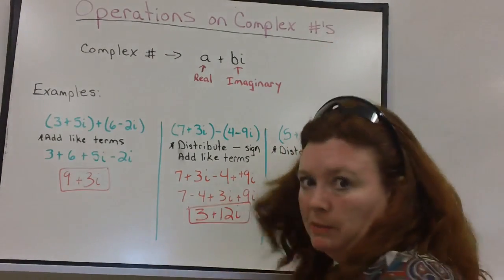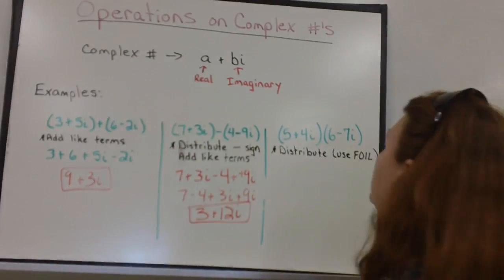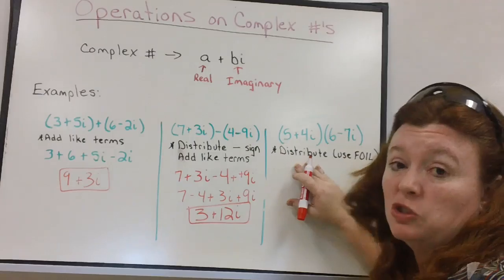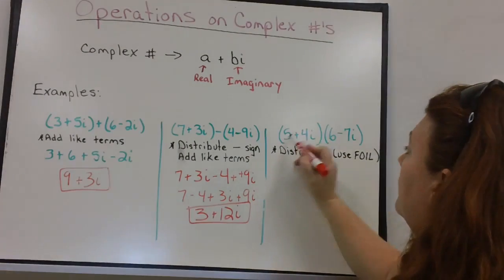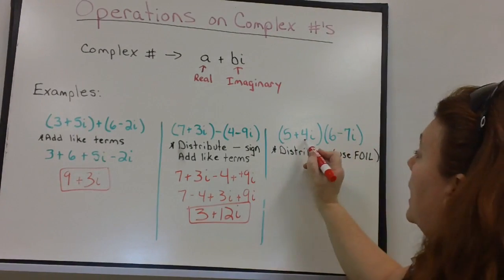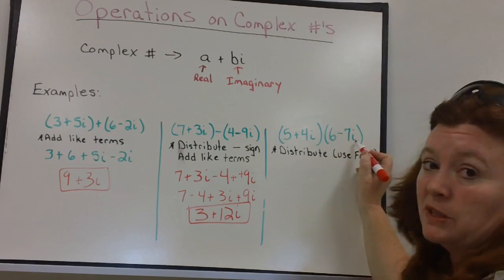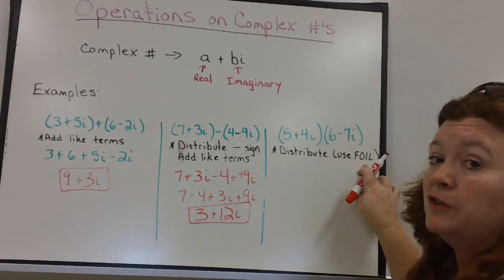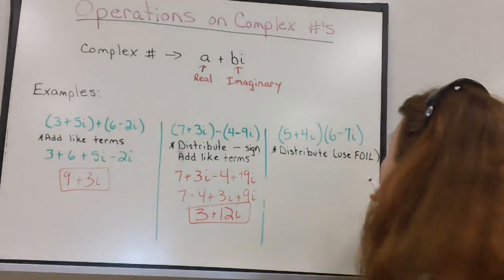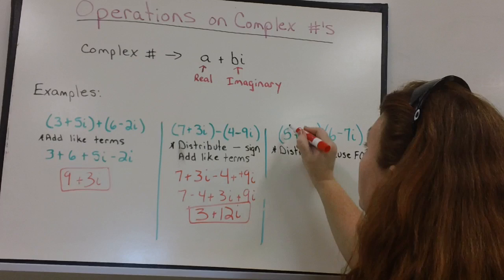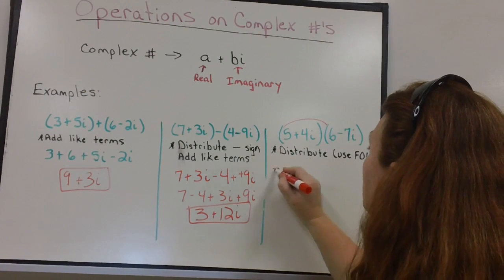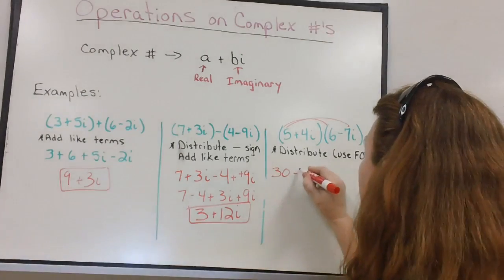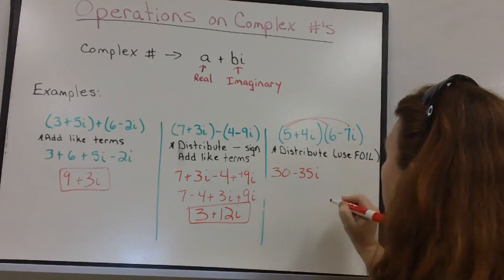All right, now let's multiply. When you have 2 parentheses, your main concept is you need to distribute. I'm distributing the 5 to each of these terms and the 4i to each of these terms. There's an acronym that helps us remember how to do this, and it would be FOIL: first, outer, inner, last. So I'm going to use FOIL. 5 times the 6 is 30. 5 times the negative 7i is a negative 35i.